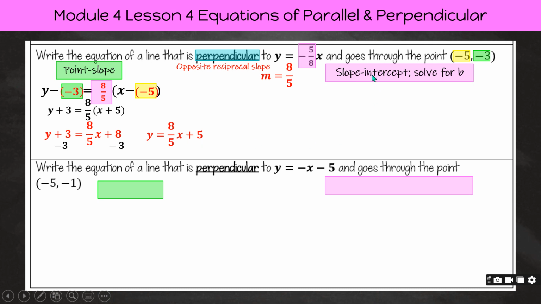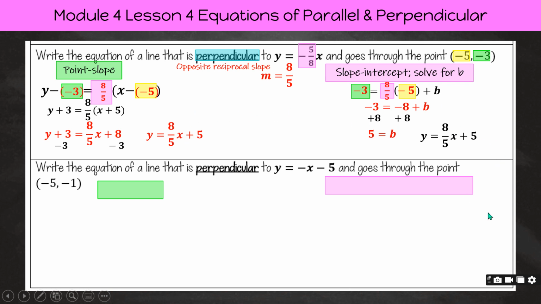Now, if I did this using the slope-intercept form and I solve for b, then I'm going to plug in my y, my slope, and my x, and then simplify and solve for b. So 8/5 times -5 is -8. When I add 8 to both sides, I get b is equal to 5. And so y is equal to 8/5 x plus 5.